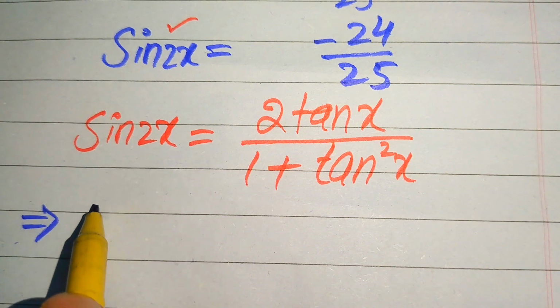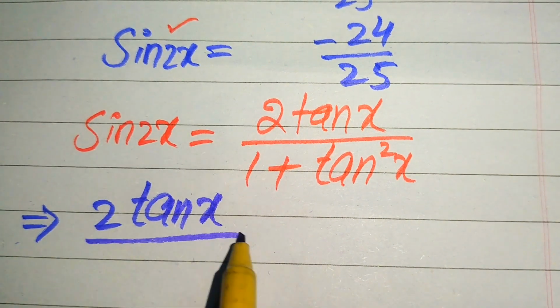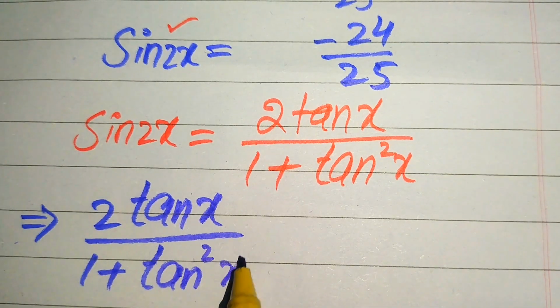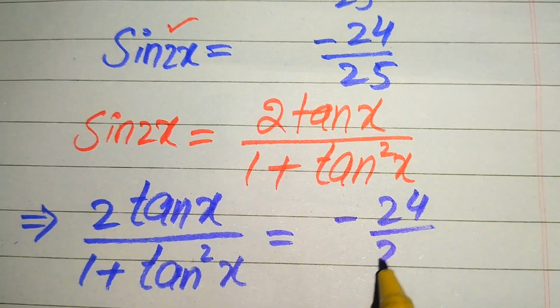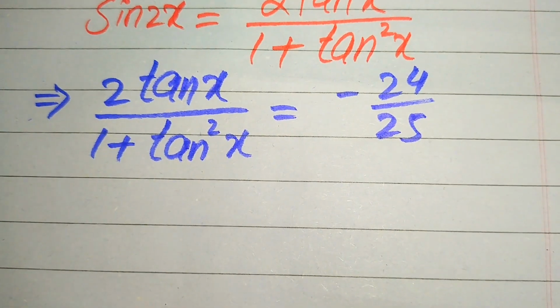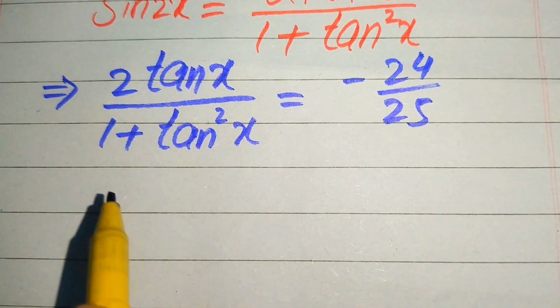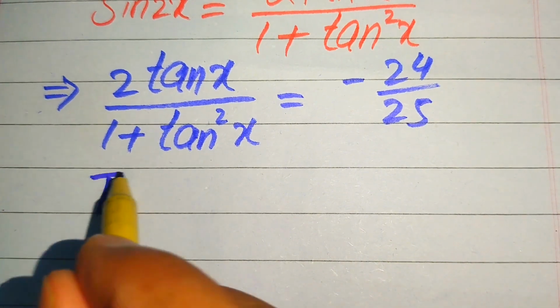So this becomes 2 times tan x divided by 1 plus tan square x is equal to minus 24 divided by 25. Here, in order to get a simpler form, we convert our given equation into its lowest form, and for this we introduce a new variable by substitution.